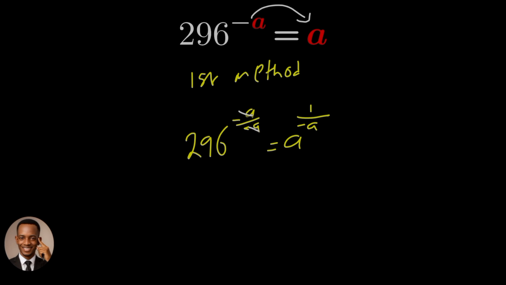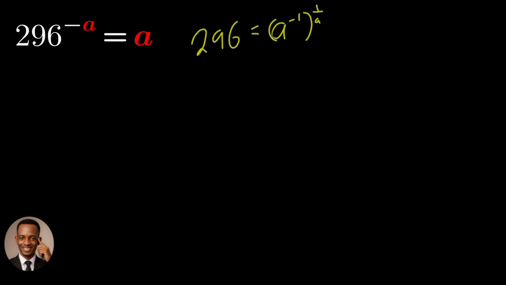Minus a cancels minus a. 256 equals a to the power of minus 1 over a, which can be written as a to the power of minus 1 to the power of 1 over a. So also a to the power of minus 1 can be written as 1 over a. So we have 1 over a to the power of 1 over a as 256.